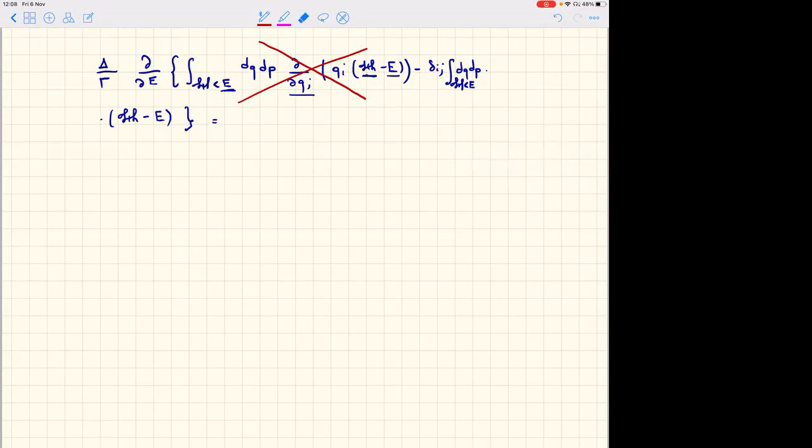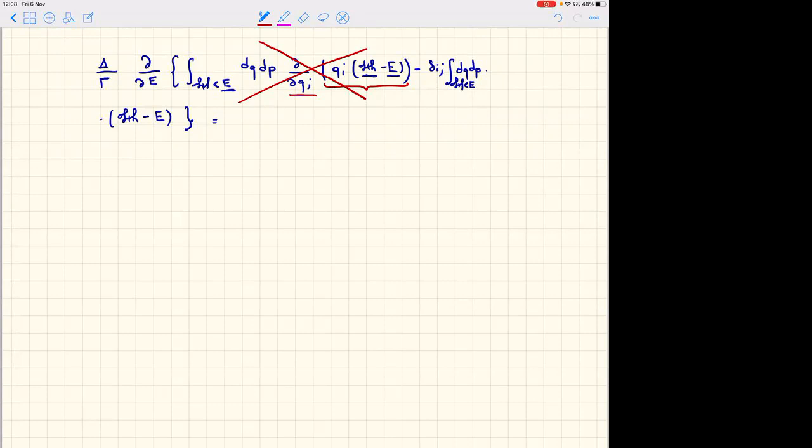Sorry, sir. Will you repeat, please, what you just said about H and E? Yeah, so what I'm saying is that this is the integral of a total derivative, right? And therefore it is the value of this function at the boundaries of the integration region.